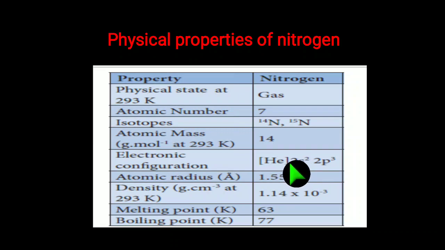The 1s2 is denoted as helium core. Atomic radius 1.55 Angstrom, density 1.14 × 10^-3, melting point 63, boiling point 77.